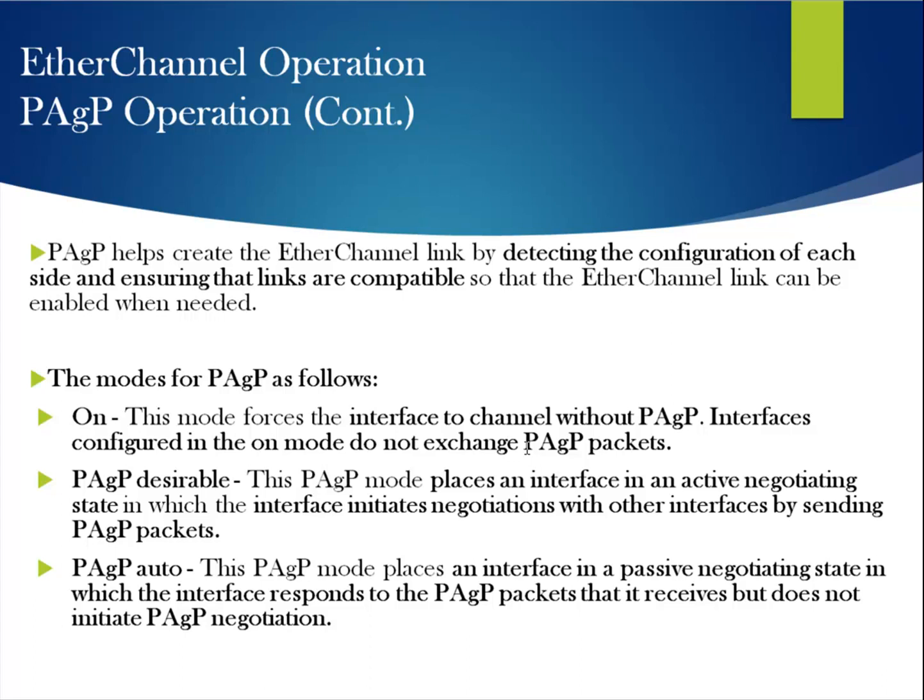This is very important, and we are going to see a comparison table. If an interface is configured in on mode, it does not exchange any PAgP packets. This is the first mode.